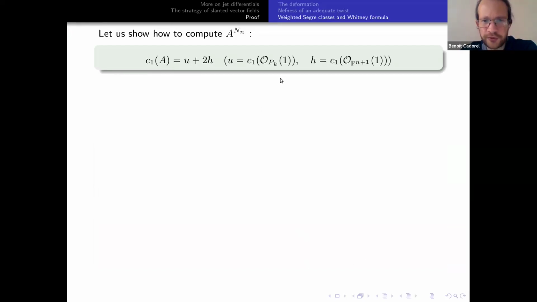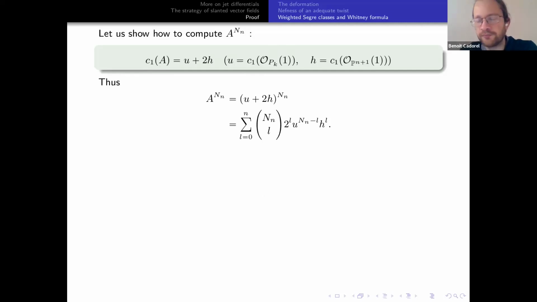So I introduced the following notation. So c_1 of A, the first Chern class of A, I imply the pullbacks. So it is, sorry, the tautological line bundle of P_k plus twice the tautological line bundle of the hypersurface, the twice the hyperplane section. Okay, so I will not, of course, present you the full computation, but just let me say that if you put it to the power n, this is what appears.